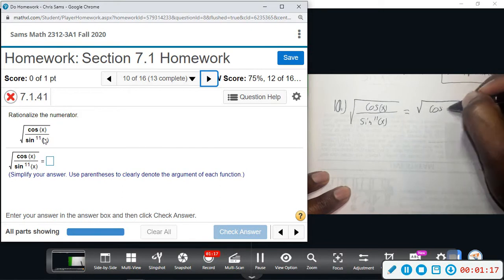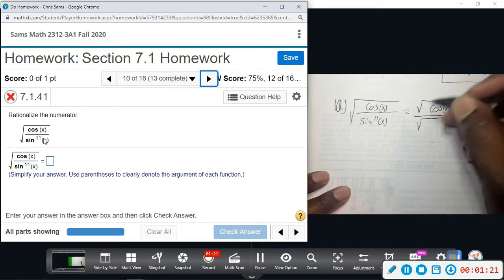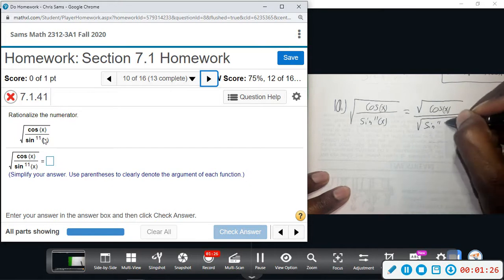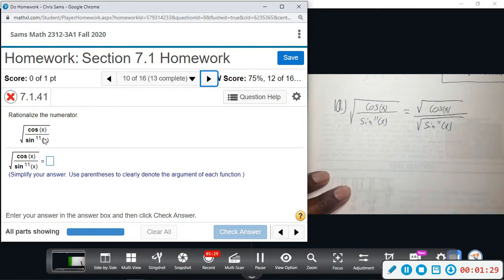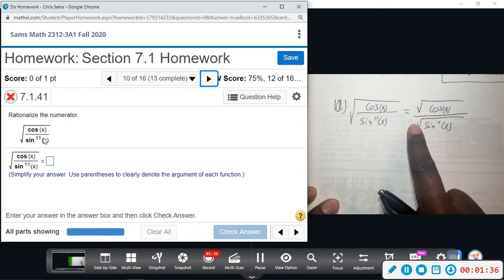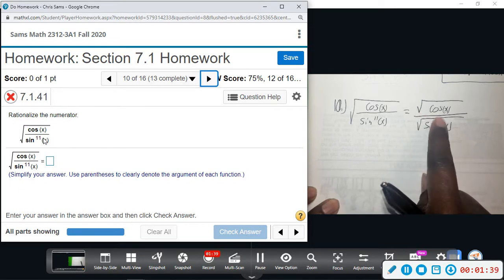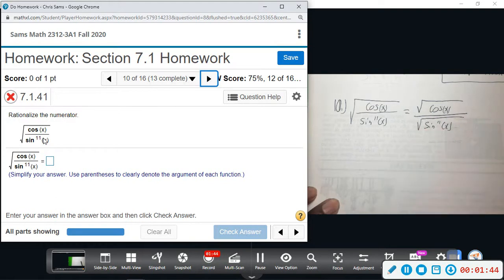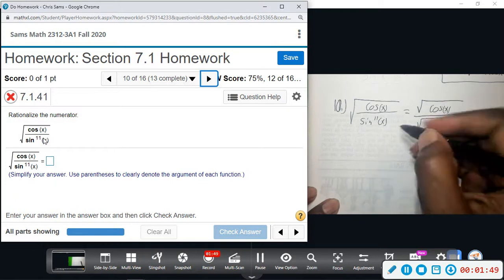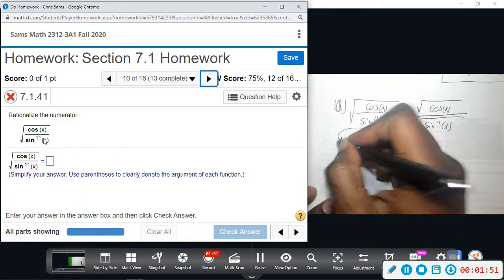Cosine of x, and then on the bottom we'll get the square root of sine to the 11th power of x. Now, before I rationalize, I'm going to simplify the denominator. And what I mean is that square roots are going to divide this power by 2. 11 isn't divisible by 2, so I'm going to rewrite it so that I can get something that will be much easier to explain and understand when you're reducing radicals.